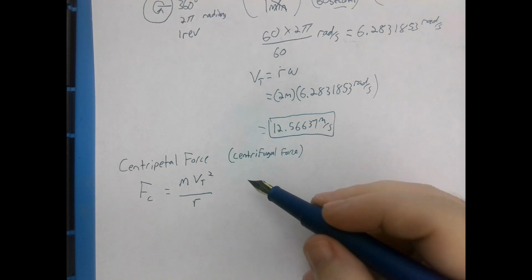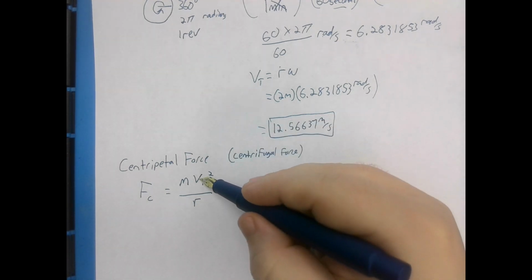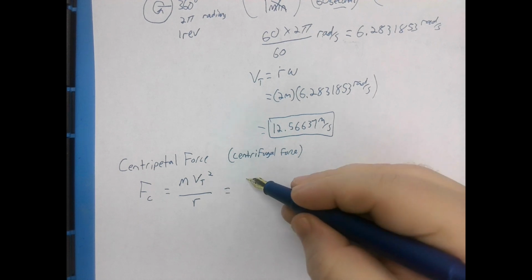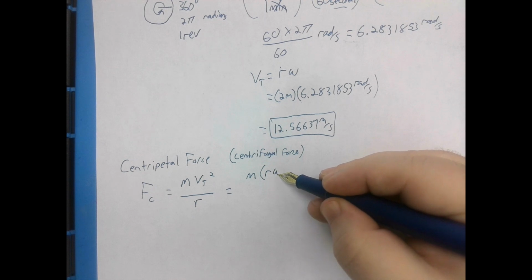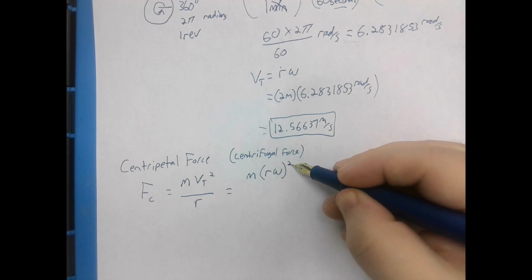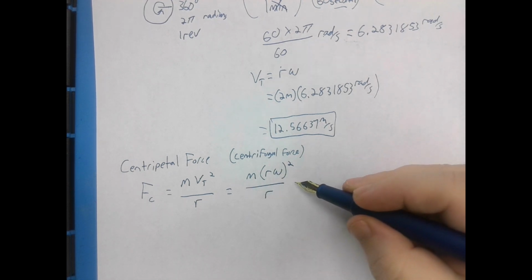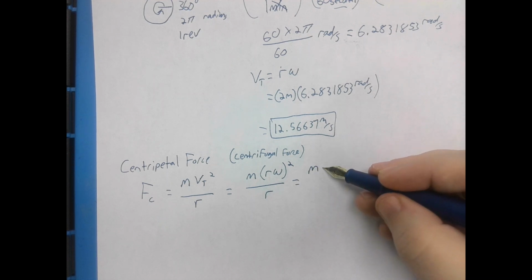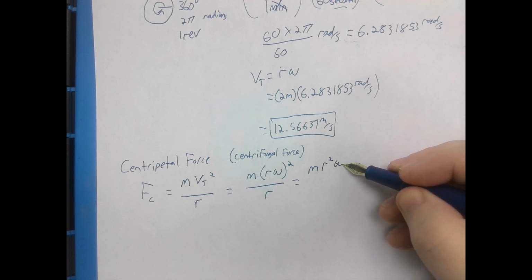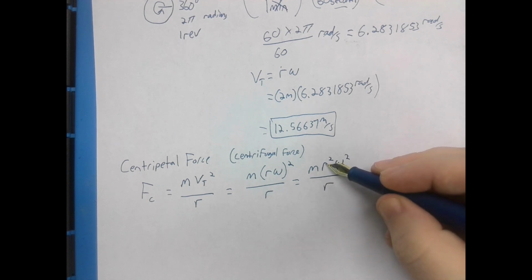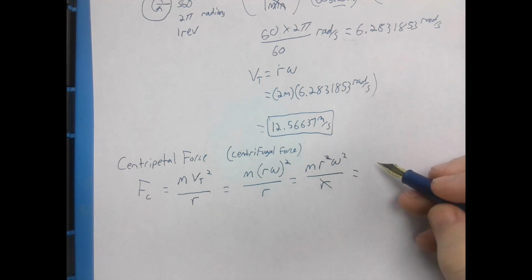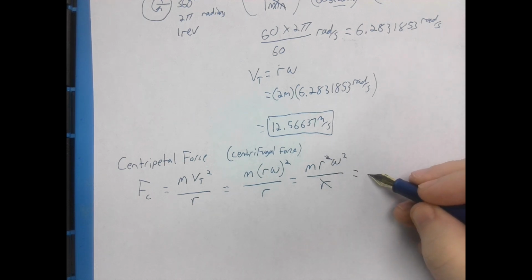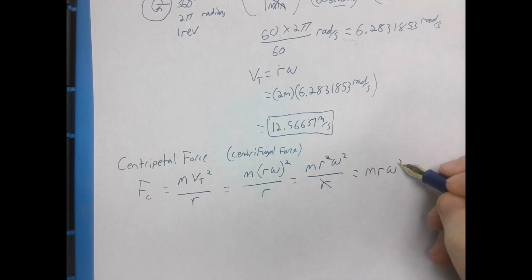We also have, remember, that tangential speed is equal to r omega. We could plug that in. That's equal to m r squared omega squared over r, and the r cancels, leaving us with just one r. So this could also be written as m r omega squared.